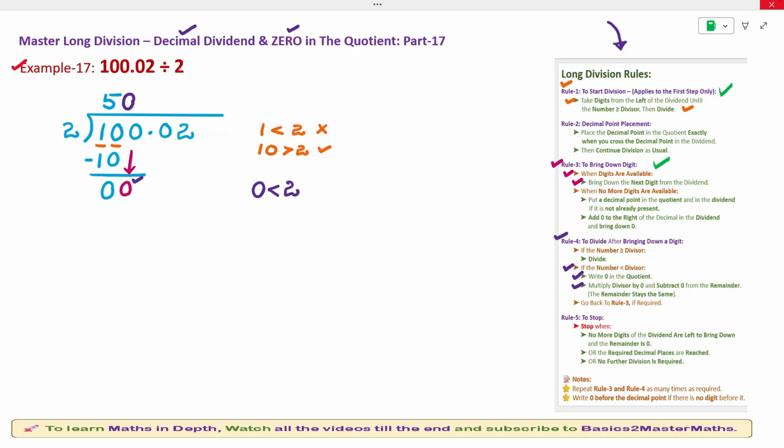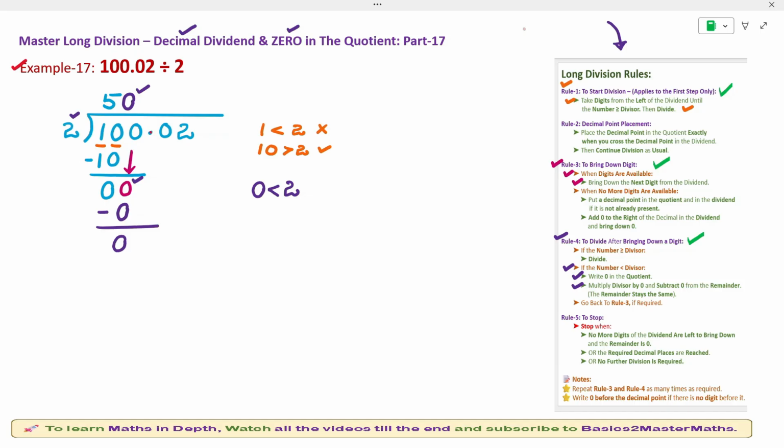Then multiply divisor by 0 and subtract 0 from the remainder. 2 zeros are 0, so you will get 0 as the remainder again. Now, rule 4 is complete.